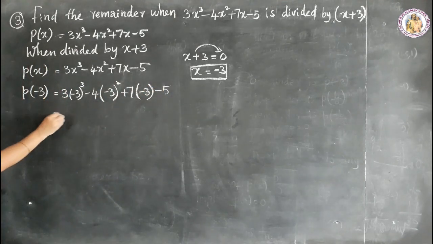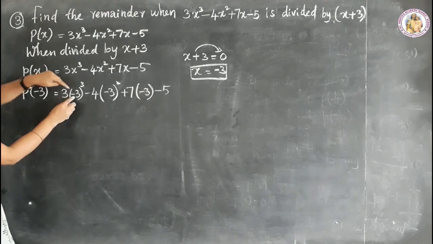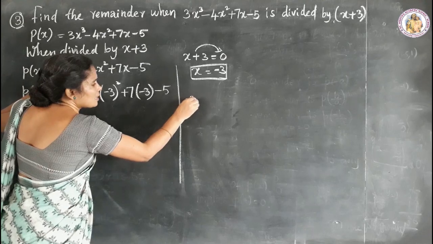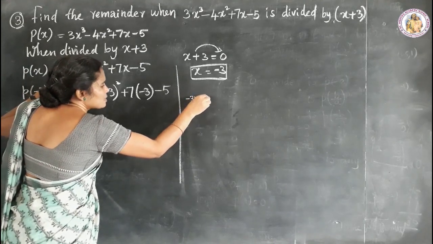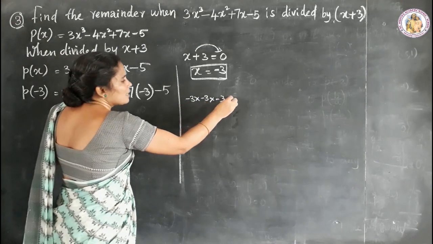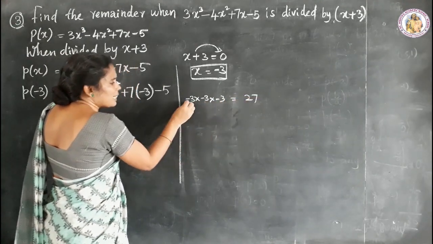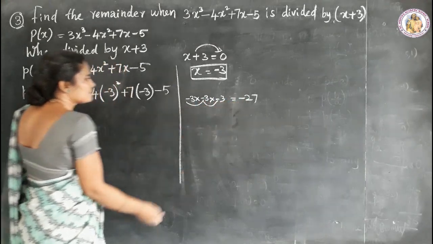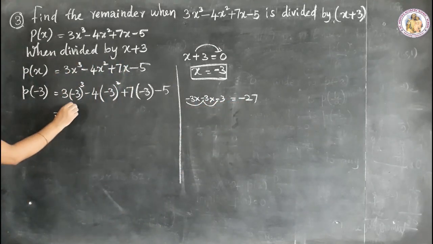Now 3 into minus 3 to the power of 3: minus 3 you have to multiply 3 times, minus 3 into minus 3. So 3 3s are 9, 9 3s are 27. Minus into minus plus, plus into minus minus. Okay, minus 27.